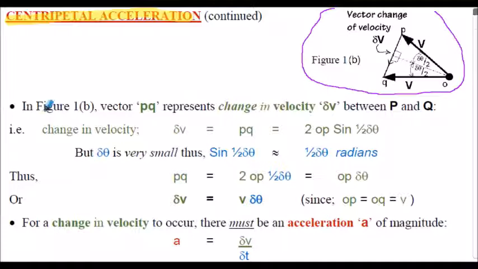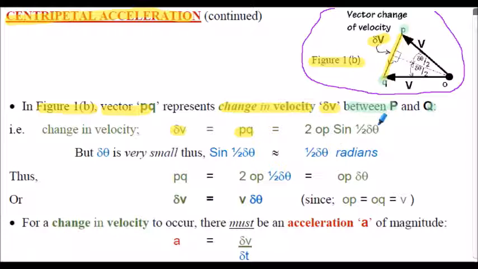Now in figure 1b, vector PQ, which is shown here, represents the change in velocity, delta v, between points P and Q. So considering the geometry of figure 1b, delta v is vector PQ.